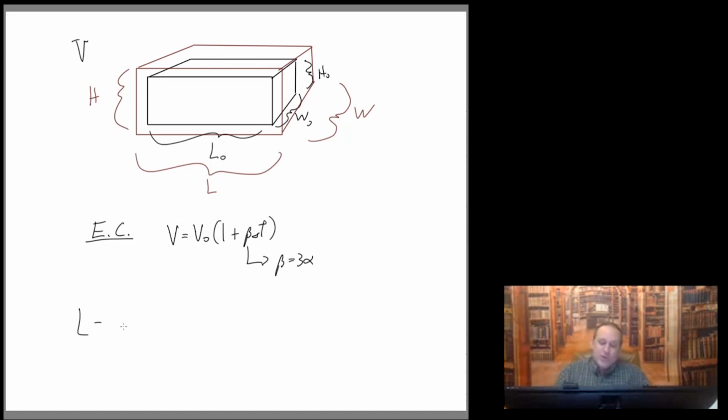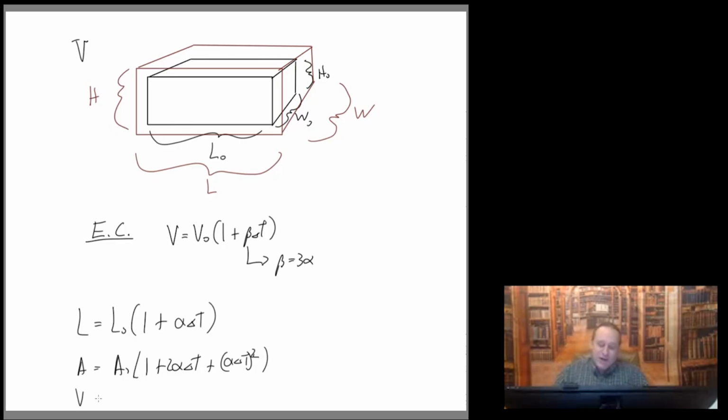So I wrote that L equals L naught times 1 plus alpha delta t. And we have A equals A naught times 1 plus alpha delta t plus 2 alpha delta t plus alpha delta t squared.